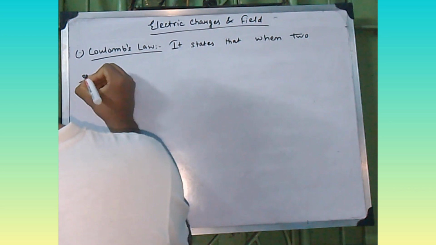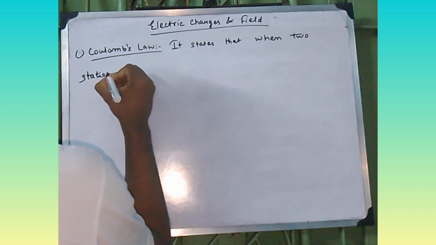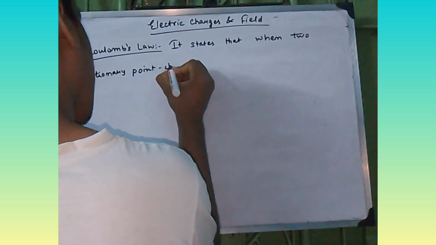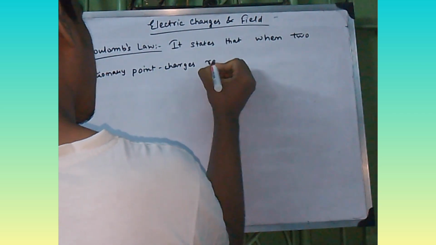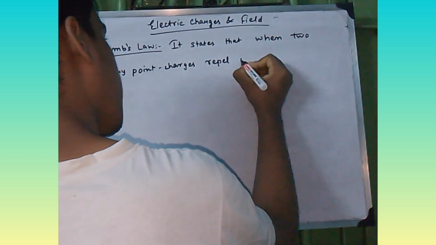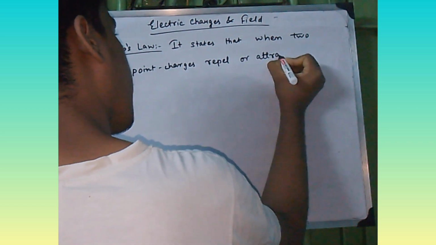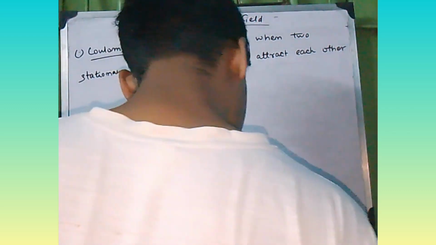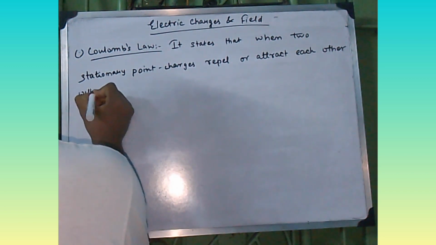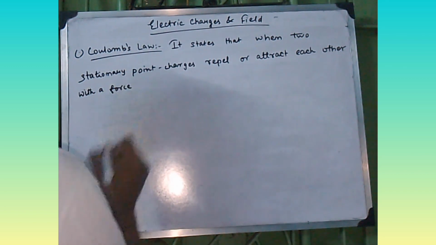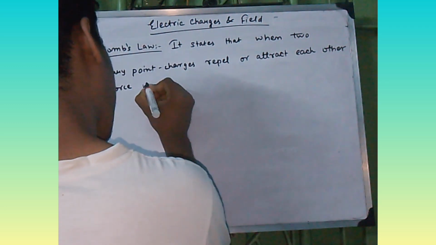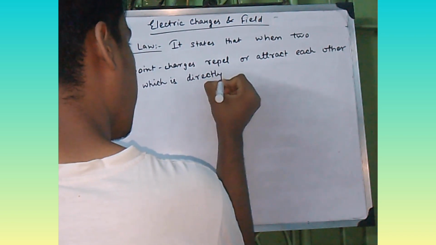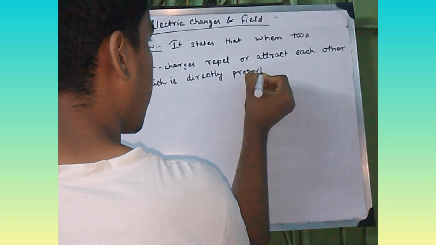Coulomb's law states that when two stationary objects repel or attract each other, it is with a force which is directly proportional to the product of the charges and inversely proportional to the square of the distance between them.